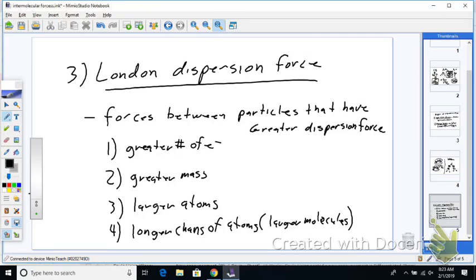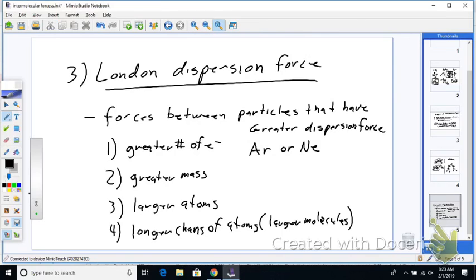Okay, so I'm going to go argon or neon. So on that number one. So which one has a greater force, argon or neon, based upon dispersion forces? So look on your periodic table and tell me which one you think. Argon. Argon, why?